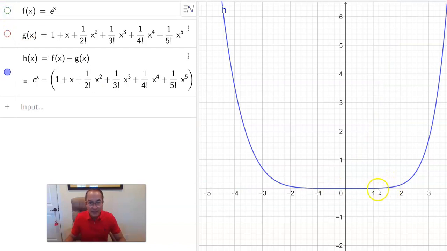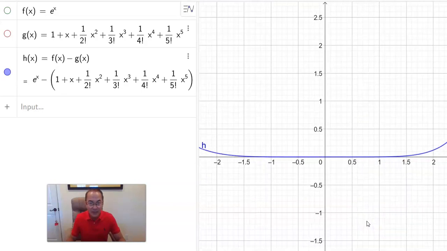Notice that the error is very, very close to 0. Let's say between minus 1.4 and 1.5. Okay, but of course, as x gets bigger, the error gets bigger. All right, so that's not very good, but this is pretty darn good, don't you think?